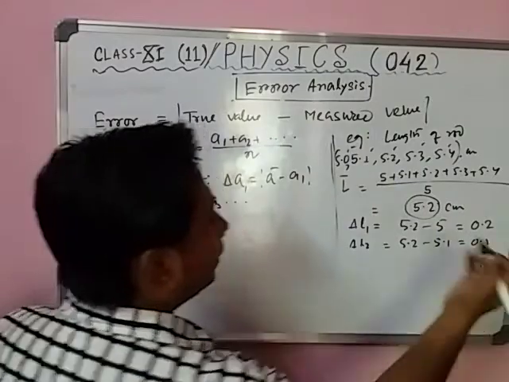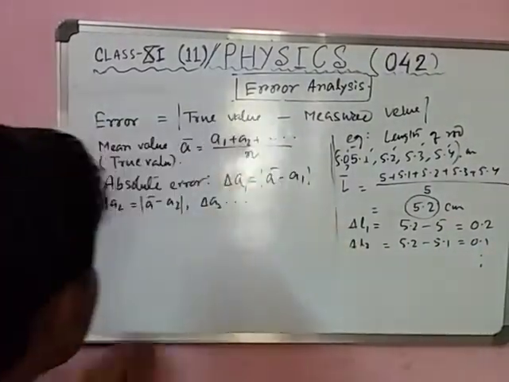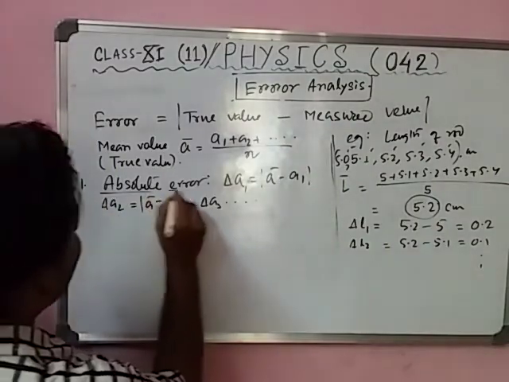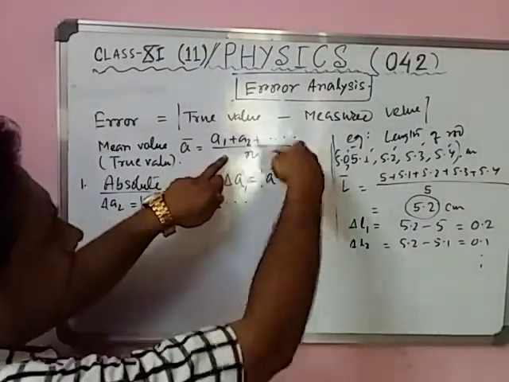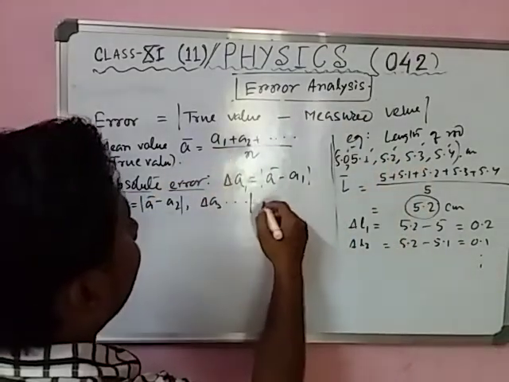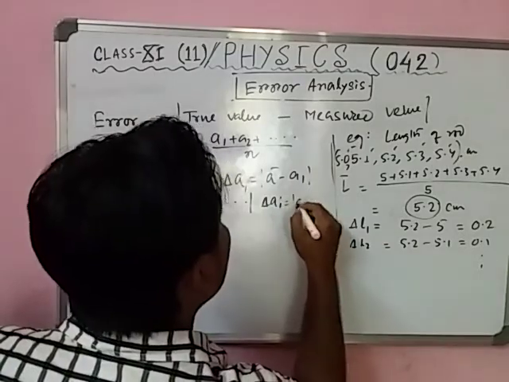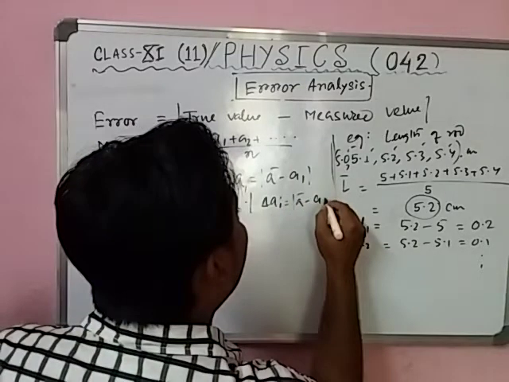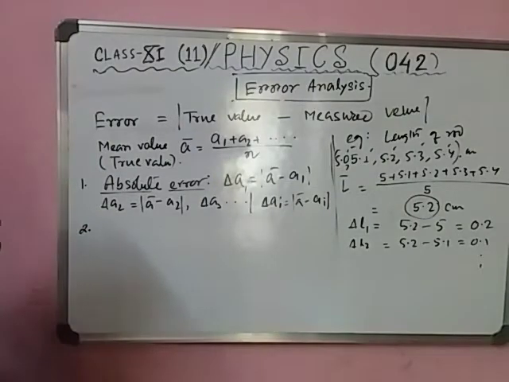Like that we can write all the absolute errors in measuring the length. I think you understood. Absolute error means delta A equal to A bar, the mean value, minus each observation A1, A2, A3. Or we can write delta AI for the ith observation is equal to A bar minus AI.